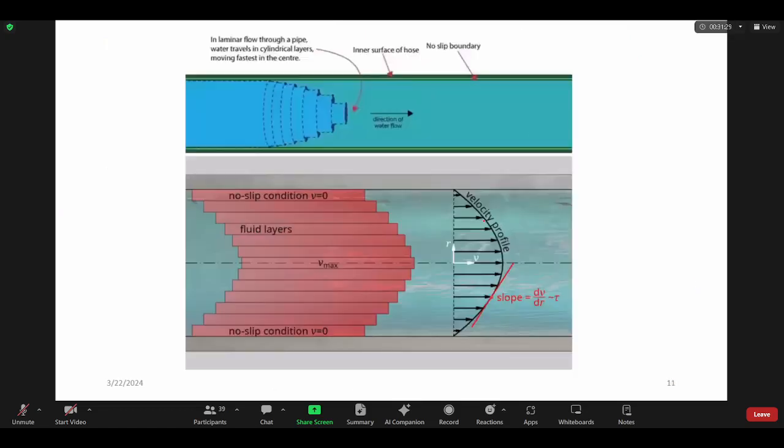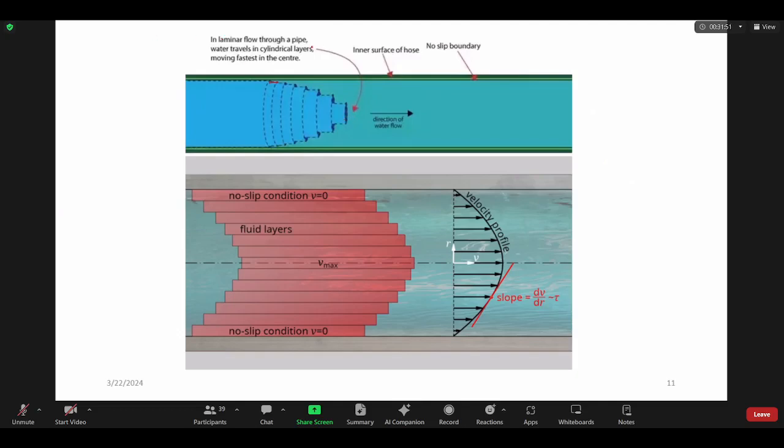So you can see this is a 3D design. It's a parabolic shape. Maximum velocity is in this area.